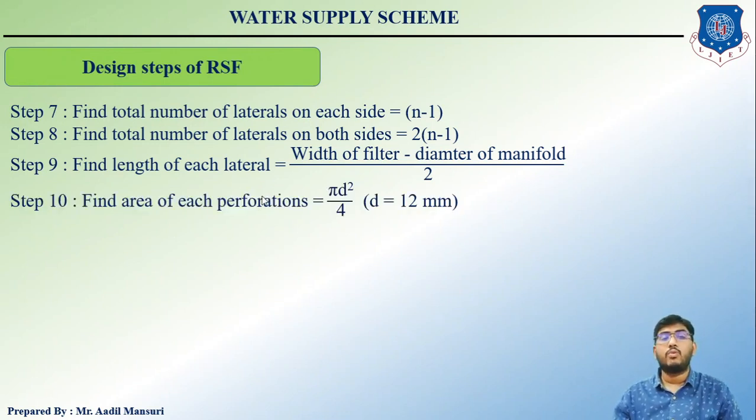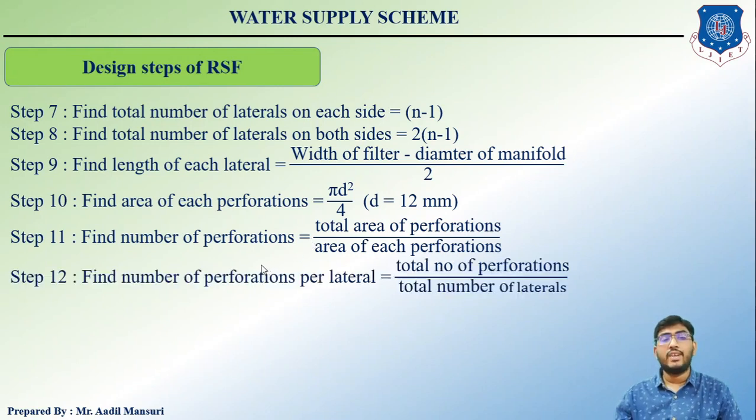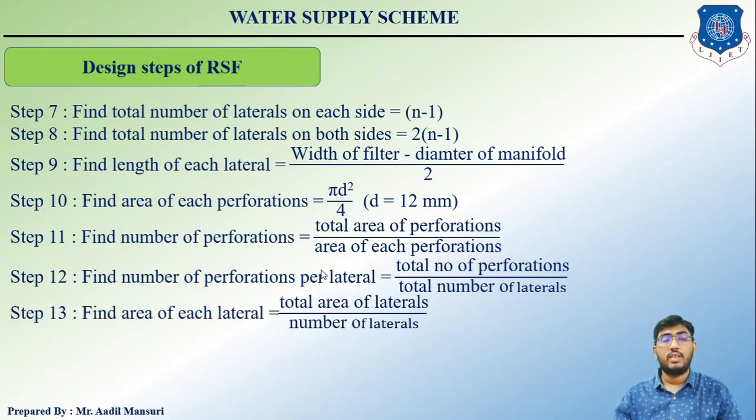Then we have to find out area of each perforation, pi by 4 d square by 4, where diameter we have assumed as 12 mm. And find the number of perforations required. So total area of perforations by area of each perforation, and find number of perforations per lateral. So total number of perforations by total number of laterals.